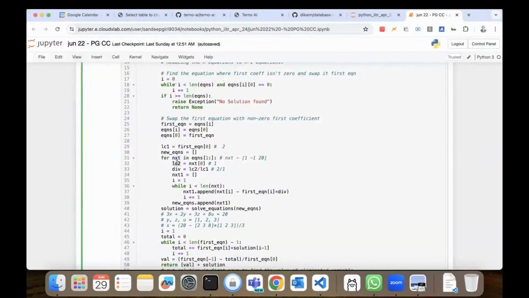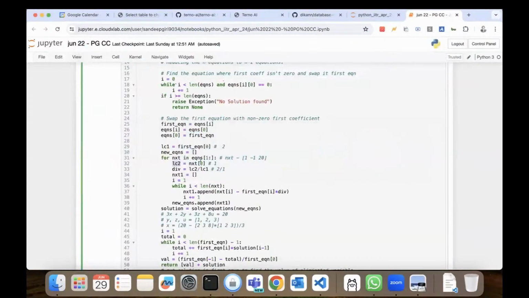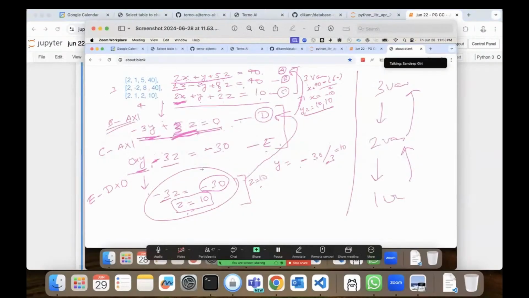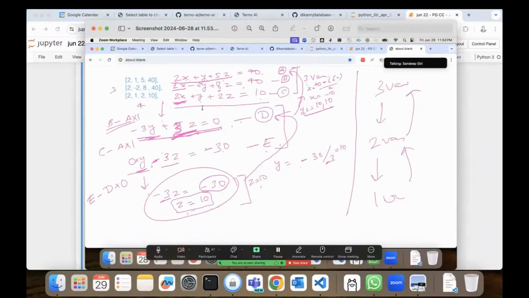We find out the first value of this, that is LC2 equals 2. And then we ask, what number should we multiply with? We say LC2 divided by LC1, meaning 2 divided by 2. That means div turns out to be 1. And then we multiply the first equation with 1, and subtract from the second equation, b minus a.